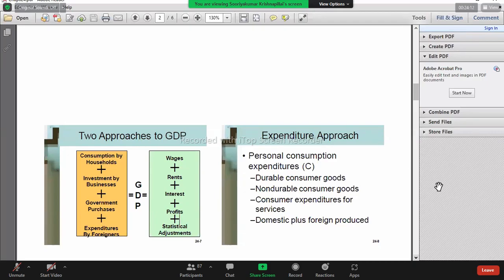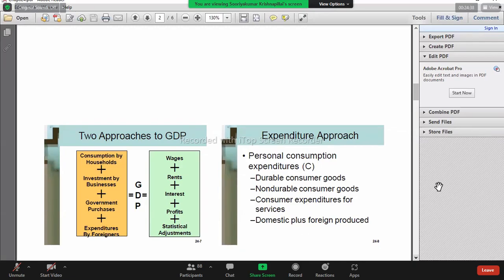So this personal consumption expenditure, our domestic household expenditure, includes domestically produced goods and foreign produced goods. All the smartphones are produced in foreign countries, automobiles too. So many products we import.